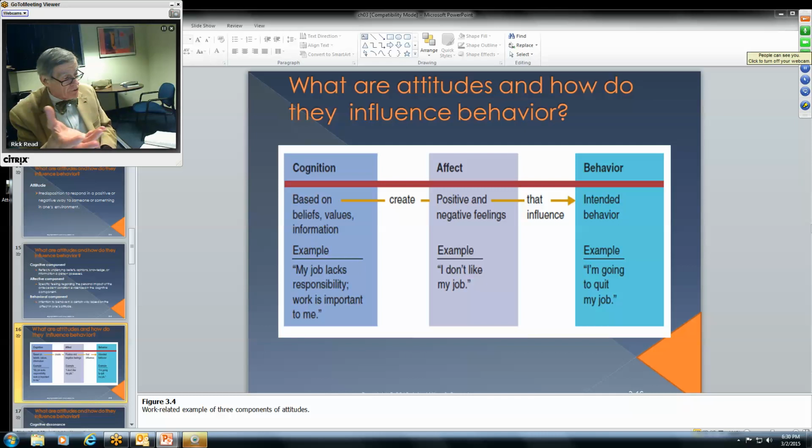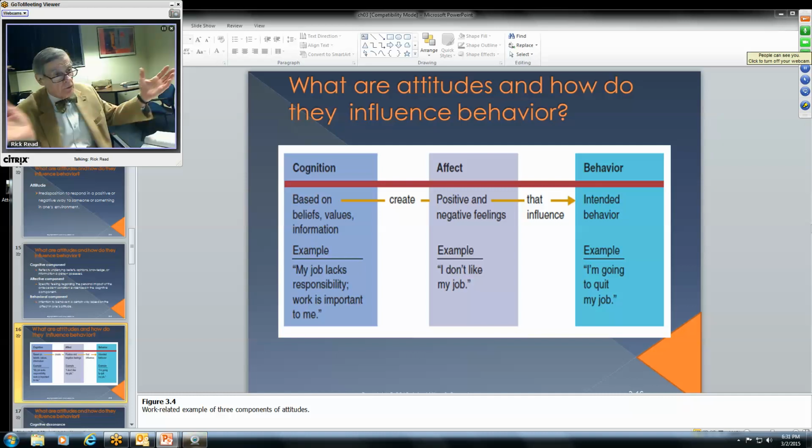So let's take our example down here at the bottom. And that is a person is working at a job and he has no responsibility, or she has no responsibility for anything or everything that goes on, and work is important to this person.